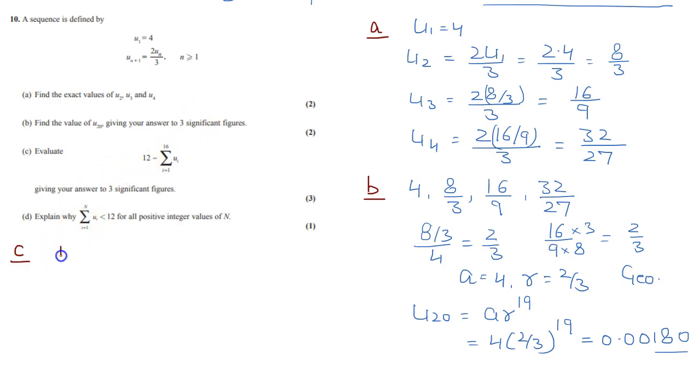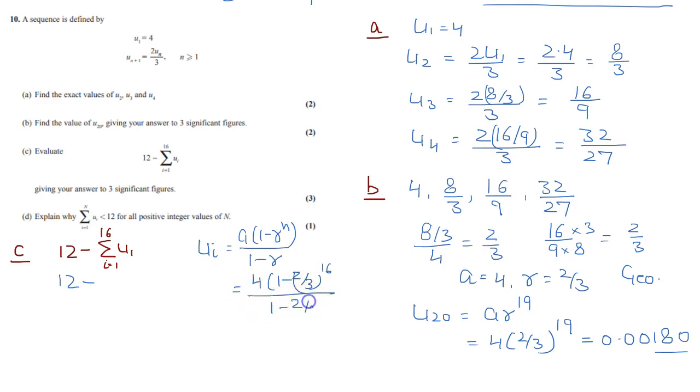Evaluate 12 minus the sum of ui, i is equal to 1 to 16. Let's calculate this one. So that will be 12 minus, the sum of the first 16 terms, which is a times 1 minus r to the power n over 1 minus r. So a is 4, 1 minus 2 over 3 to the power 16 over 1 minus 2 over 3.